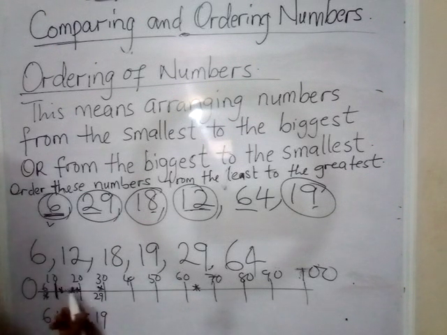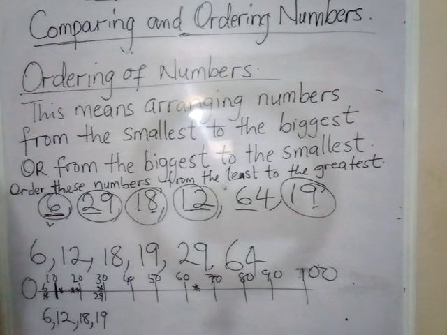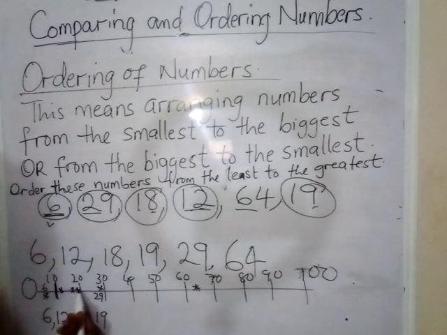You can see that we are moving away from 0 and moving closer to 100. That means the numbers are increasing. They are getting bigger and bigger because they are moving away from 0 and going towards 100. So after 19, you go on, you will locate 29 just before you get to 30. So the next number is 29.